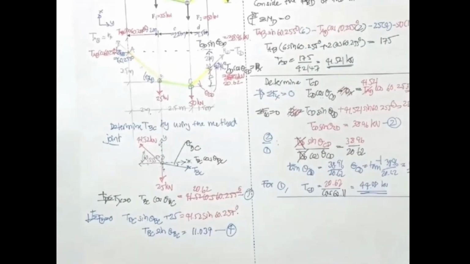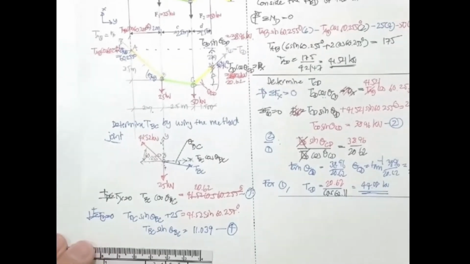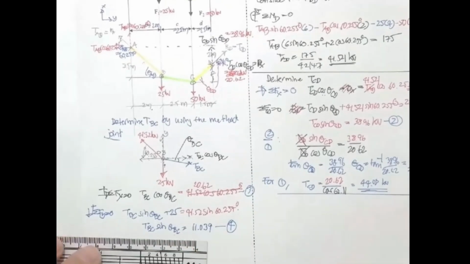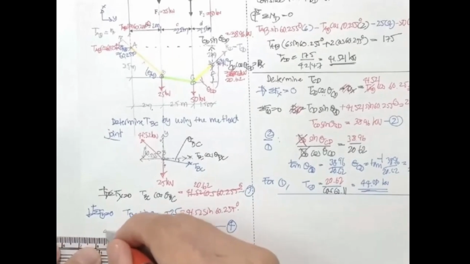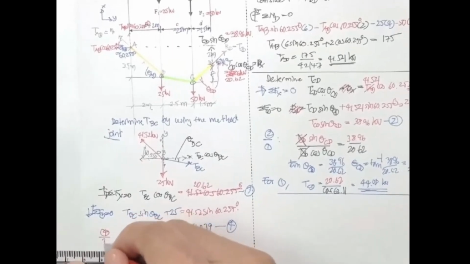And then again, you are solving for what? You're solving for the angle theta sub BC and T sub BC. Do the same thing. You may put equation number 4 divided by equation number 3.